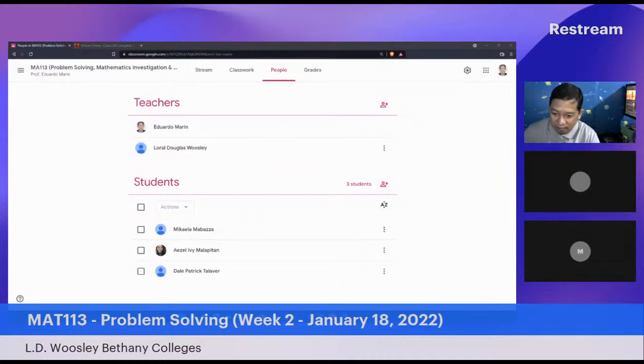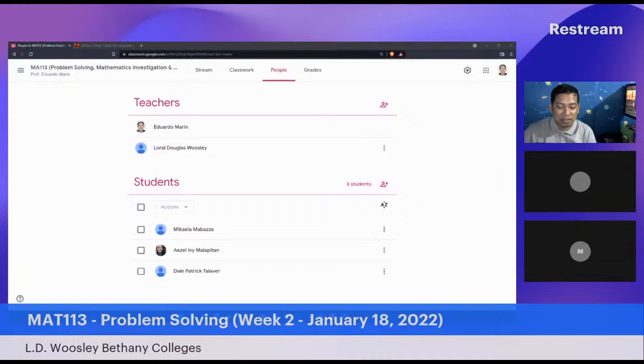Wala pa rin si Dale, no? Si Dale lang sinabihan kong 130 nung una. We met at our MAT113. Isa na lang ang estudyante ko. I suppose by next year, you already think of your title, guys, ha? Para pag mag-enroll kayo ng MAT181, may title na agad. Research title. Try to have at least 5 research titles.